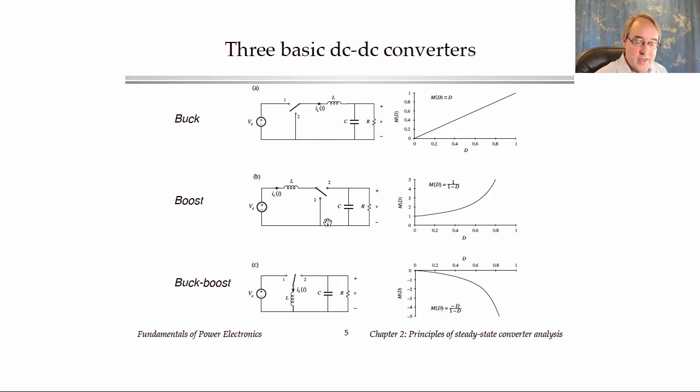But it may not be immediately obvious how to extend those arguments to find the output voltage of the boost or the buck boost. It's actually possible, but it may require some additional insight and cleverness. And so the object in Chapter 2 is to develop a systematic approach to solve for the voltages and currents of a switching converter.